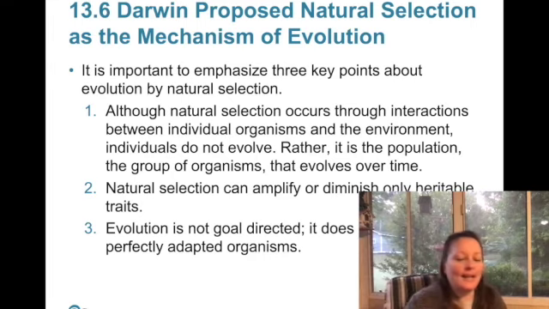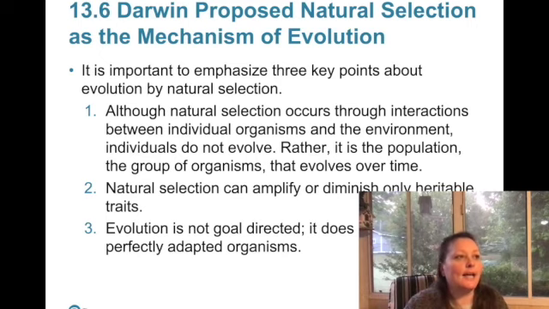So again, saying that nature is dictating what is going to survive. So, important to emphasize 3 key points about natural selection. 1, although natural selection occurs through interactions between individual organisms and the environment, individuals do not evolve. That is the key phrase. Individual does not evolve.